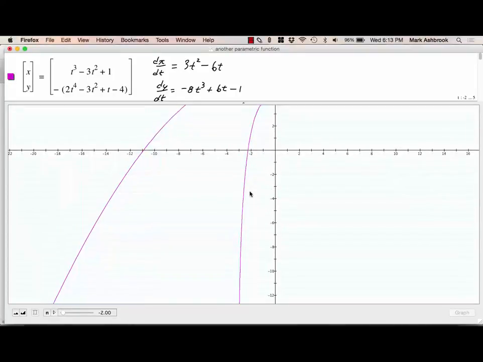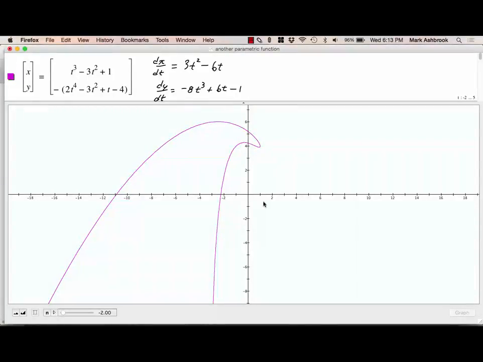So I want you to find the point on the graph and the derivatives at t equals negative 2. So what's the point on the graph, and what are the derivatives?